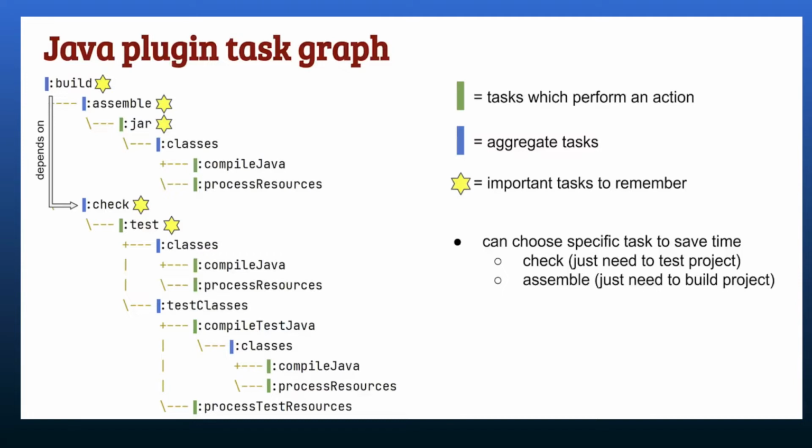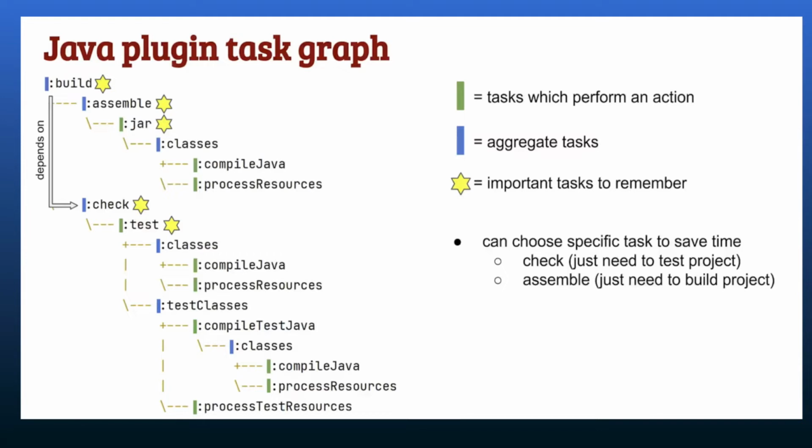An important task to know is the check task, which actually does the testing, runs the test cases, and does some other stuff. These are very important tasks. If you want to run only the tests, you can use the test task. If you want to run the check task, you can use the check task.